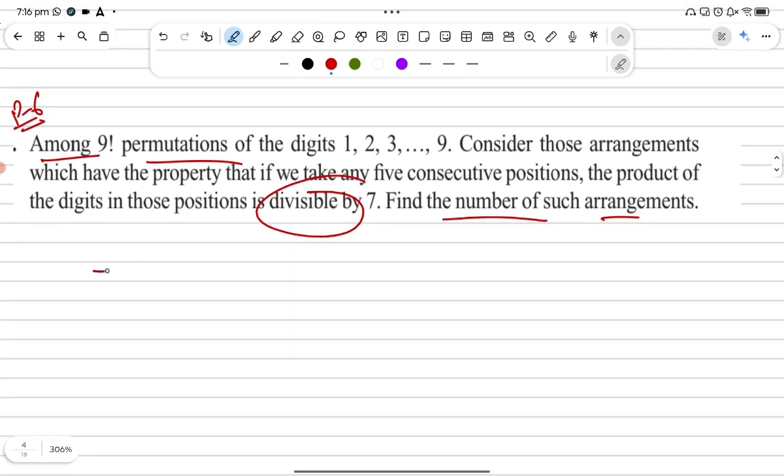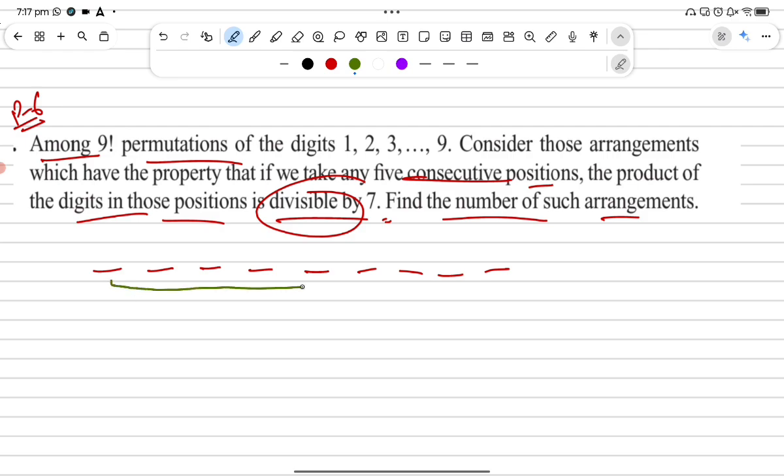So we have got 9 positions, right? We have to choose 5 consecutive positions, such that the product of the digits in those 5 consecutive positions is divisible by 7. We don't care what number is at those positions. We only care about the positions. We need to choose 5 consecutive. So let me just take a different color. Let's say I'm choosing this one.